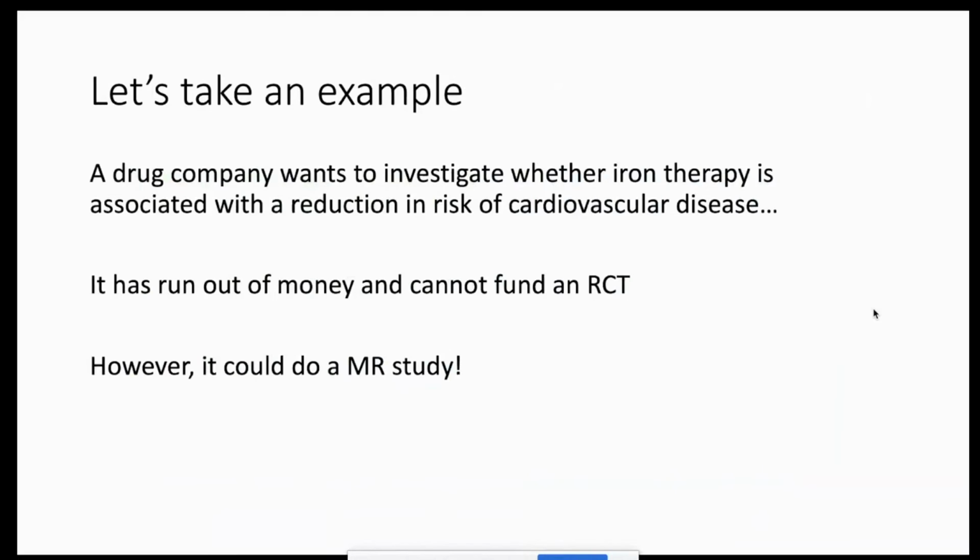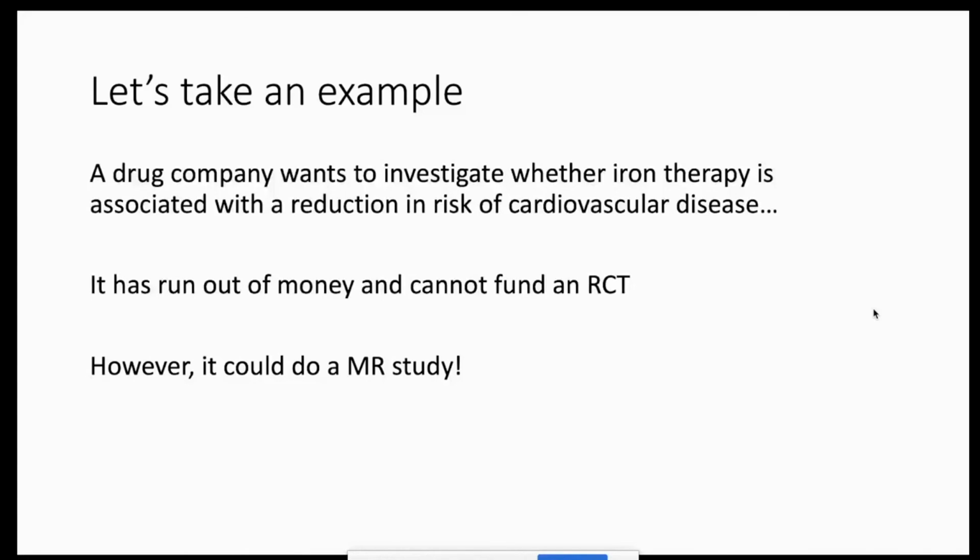I sometimes think it's easier to think of these things using an example as well. Let's say a drug company wants to investigate whether iron therapy is associated with a reduction in the risk of cardiovascular disease. Ideally, this would be looked at using a randomized controlled trial, but we've run out of money. We don't have the time to study this in the form of a randomized controlled trial.